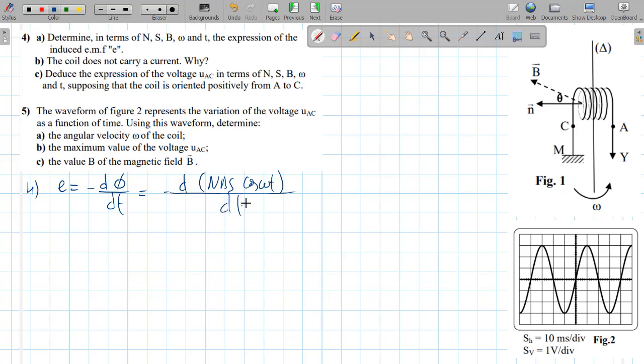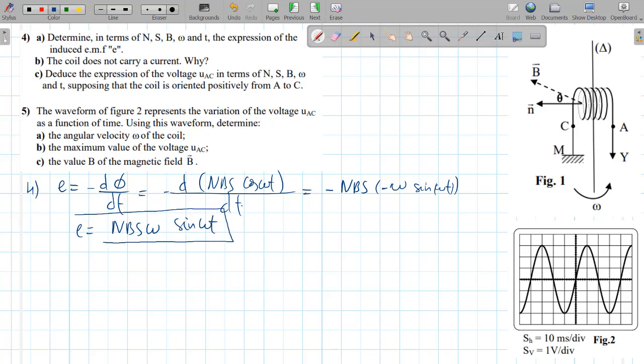So NBS are constants بيطلعوا لبرا. derivative لل cosine omega T equal minus omega sine omega T، بيطلع الجواب minus NBS وماينس اوميجا ساين اوميجا تي، بيطلع الجواب. فاذا ماينس وماينس بصيروا بلس E equal NBS اوميجا ساين اوميجا T, which is a sinusoidal function.